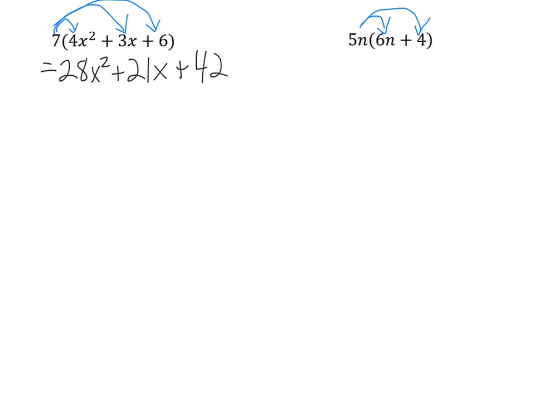So it's important that I multiply the coefficient by the coefficient of the other term, as well as multiply the variable, in this case n, by the variable in the other term n. And an important thing for us to remember here is that if I'm doing two variables like n times n, I'm going to end up with n squared.